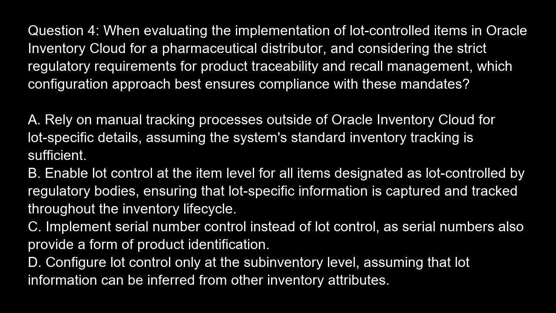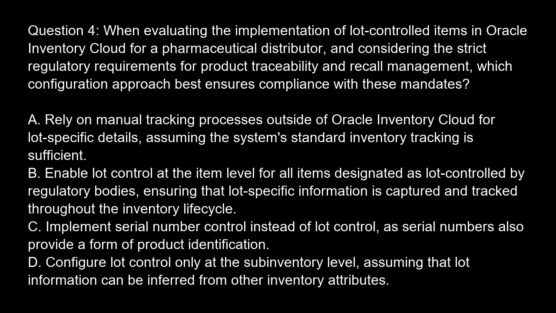When evaluating the implementation of lot-controlled items in Oracle Inventory Cloud for a pharmaceutical distributor, and considering the strict regulatory requirements for product traceability and recall management, which configuration approach best ensures compliance with these mandates? Option A. Rely on manual tracking processes outside of Oracle Inventory Cloud for lot-specific details, assuming the system's standard inventory tracking is sufficient.